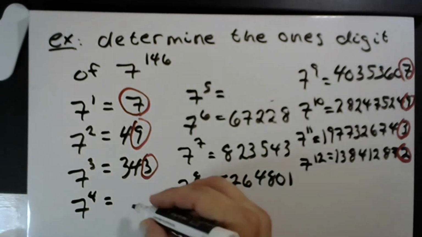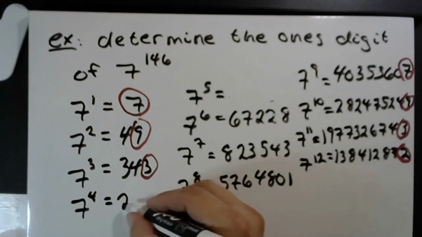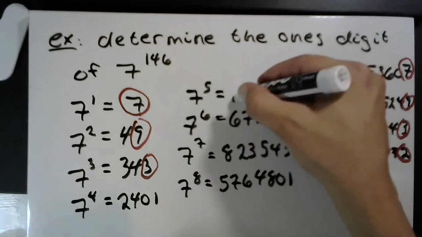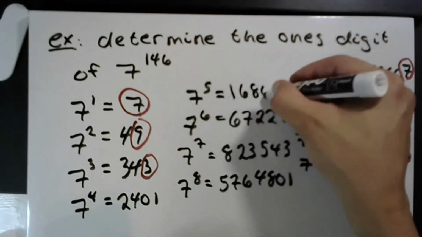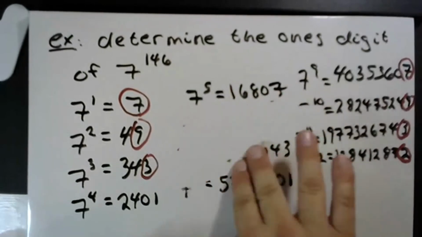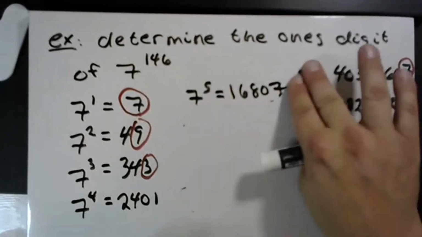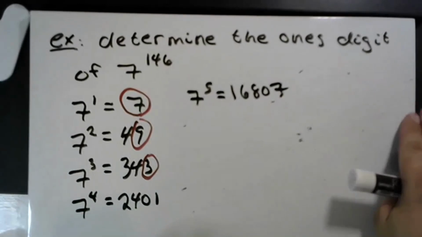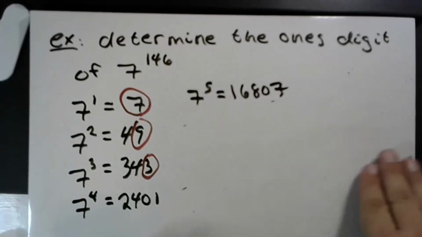Sorry about that. 2401. And this would be 16807. I apologize. Somehow I put in a mistake. So it shouldn't be quite this wild. I have to admit, I was getting a little worried there.